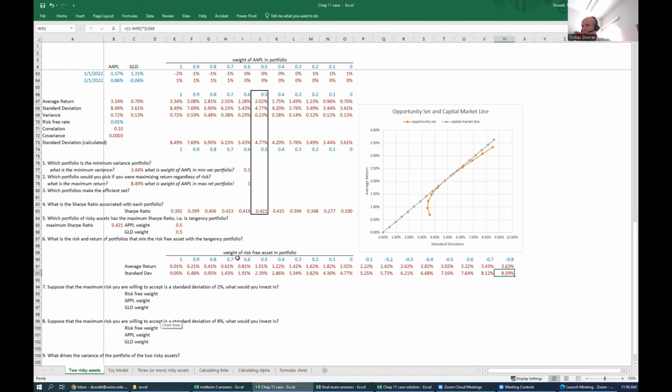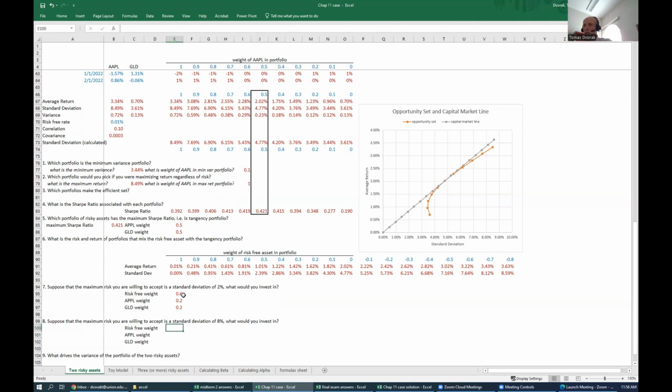That takes me to basically this portfolio here. So I would invest 0.6 in risk-free asset, and the rest of it I would invest in the tangency portfolio. And the tangency portfolio is 50-50 Apple and Gold. And so that gets me to 0.2 Apple, 0.2 Gold.